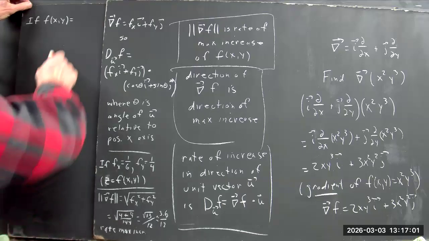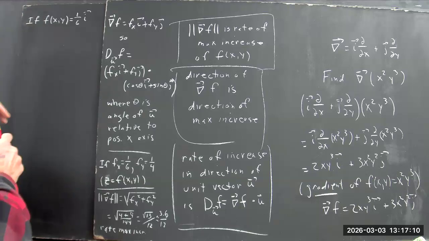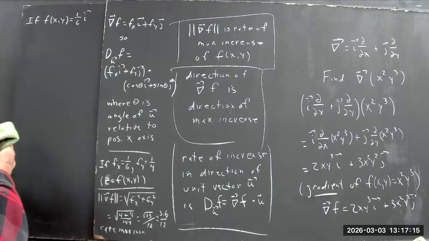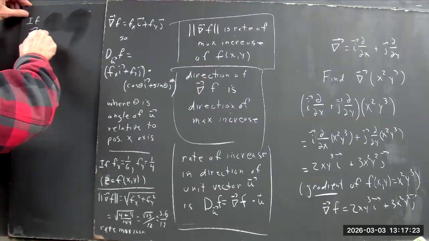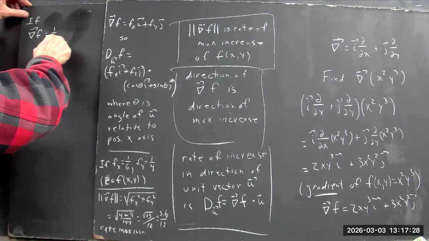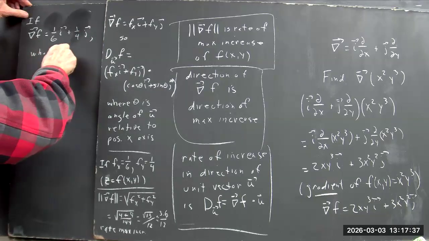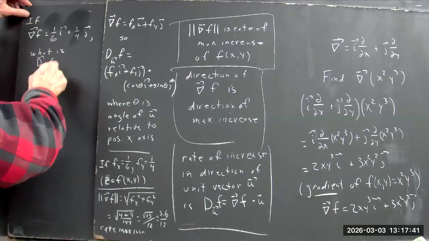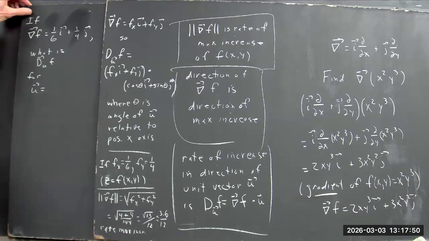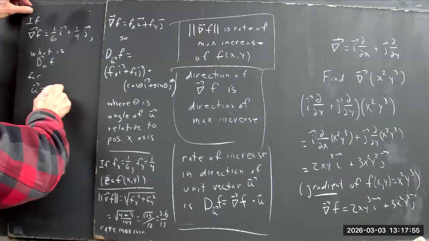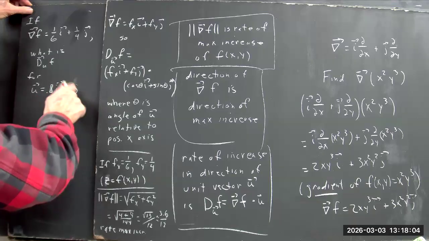Keeping it simple, if f of x y is... the gradient... make it 0.8i plus 0.6j.